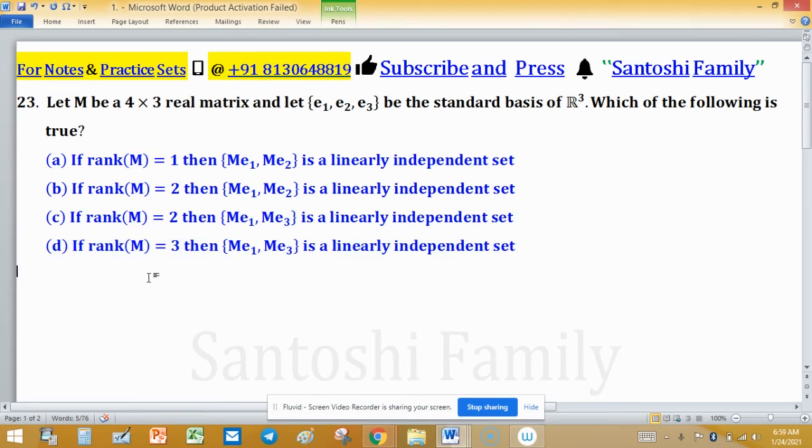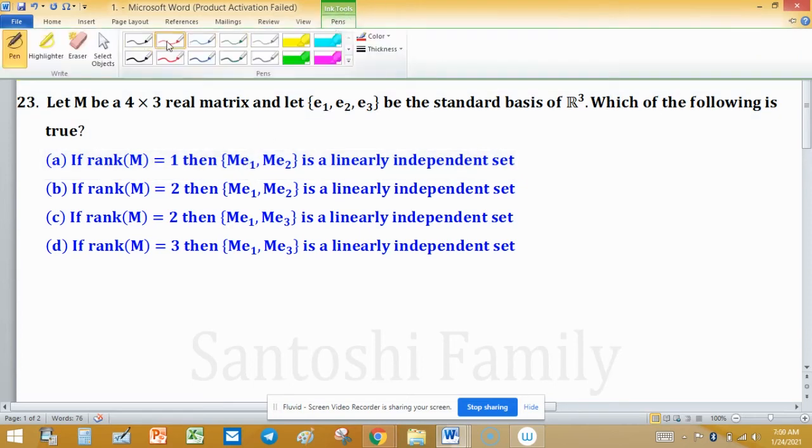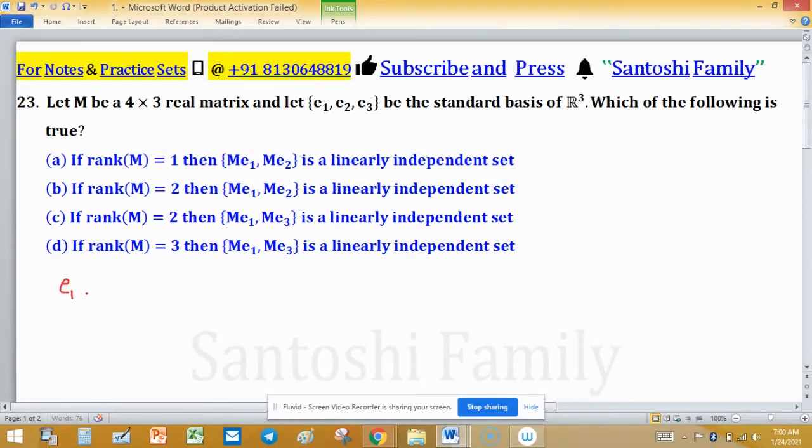We are given the rank, the size and the standard ordered basis of R cube, and we have to determine whether, if the elements of the basis are multiplied with M, they form a linearly independent set or not, as E1, E2, E3 are members of the standard basis. So ME1, ME2 are column vectors.